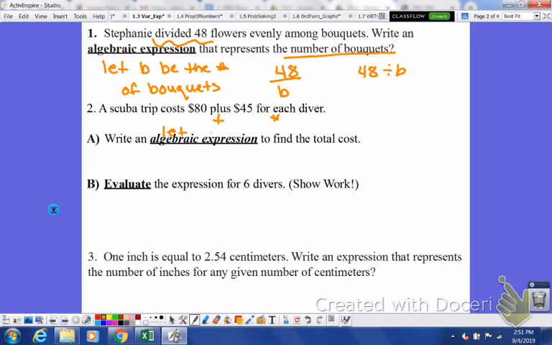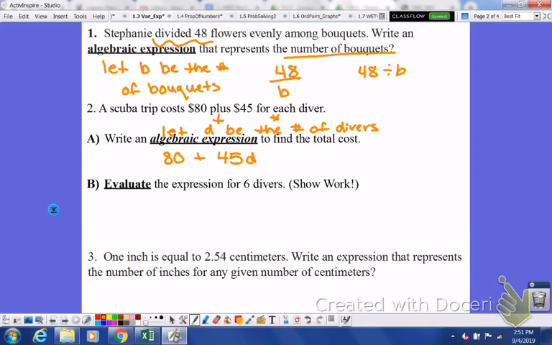Let D be the number of divers. Don't be afraid to abbreviate. I use the number sign, or as you guys like to say, the hashtag. So 80 plus 45D, D times 45 for every number of divers.